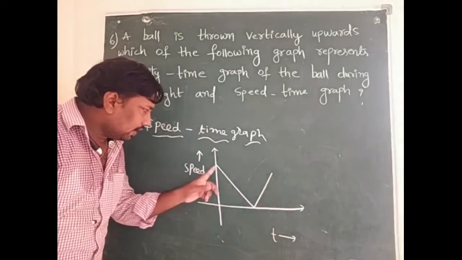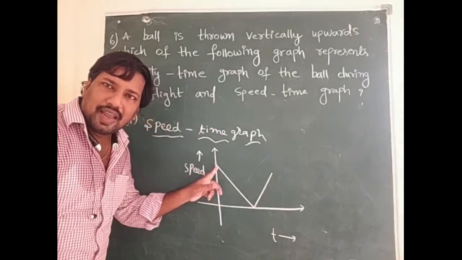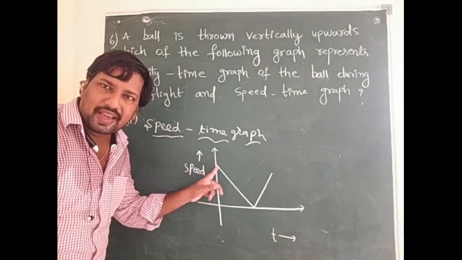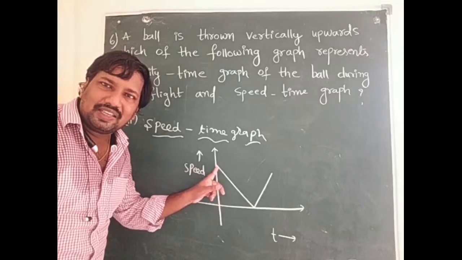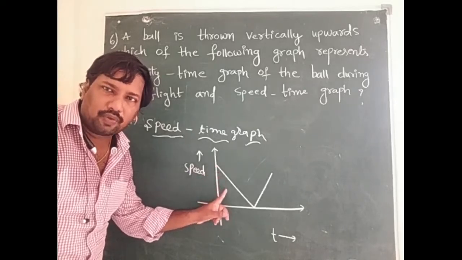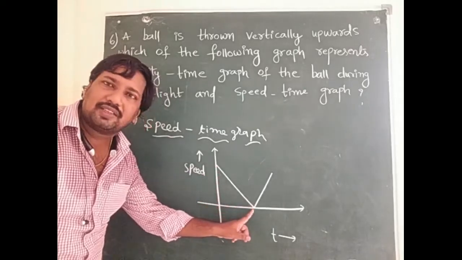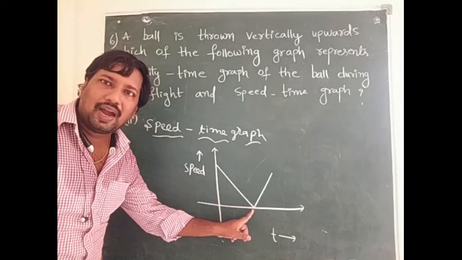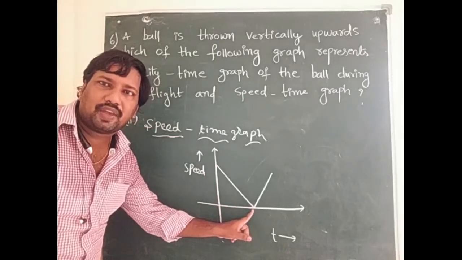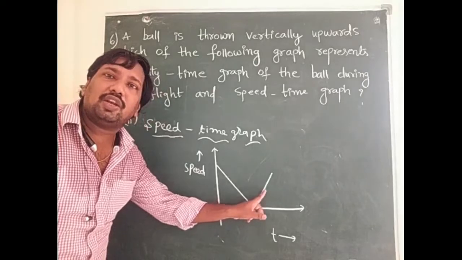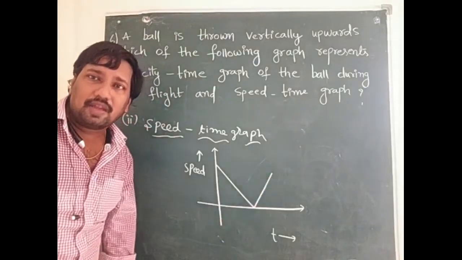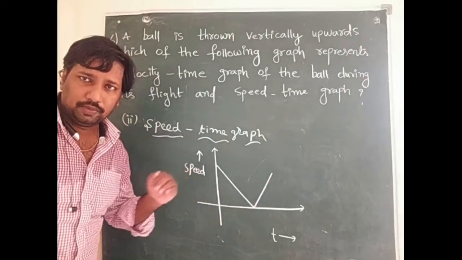Its initial speed at the projection point is the maximum, then it decreases in the upward direction. At maximum height its speed is 0, and then as it returns to the earth's surface its speed gradually increases, reaching the same value at the projection point.